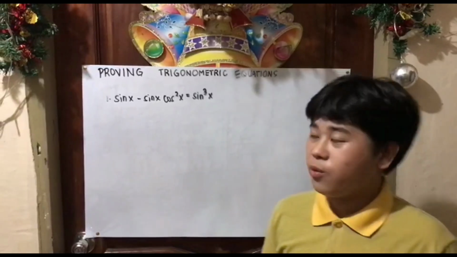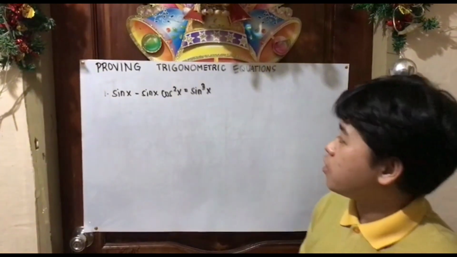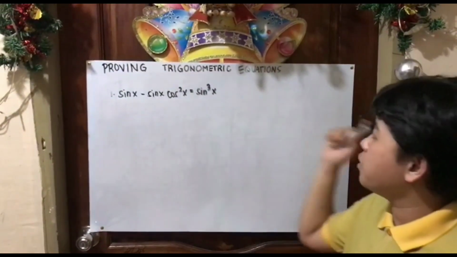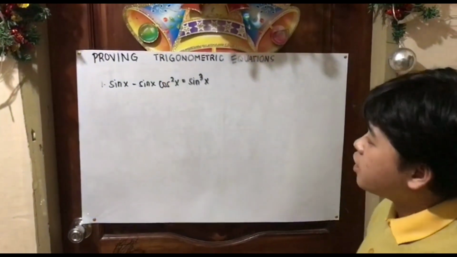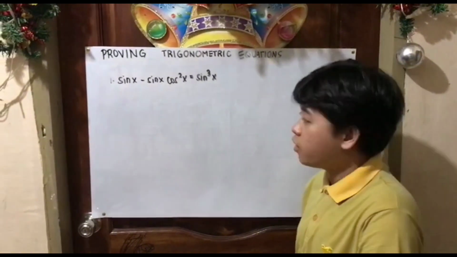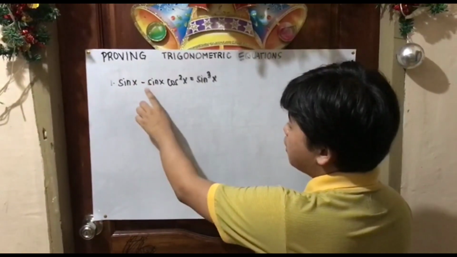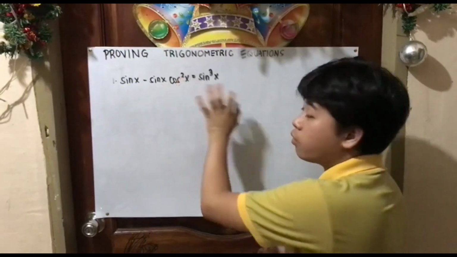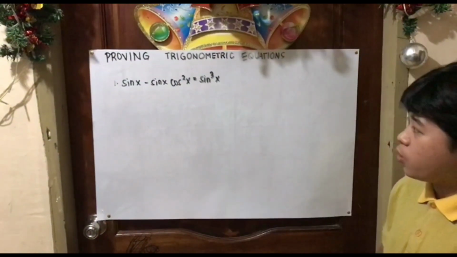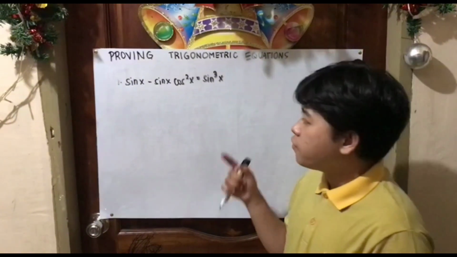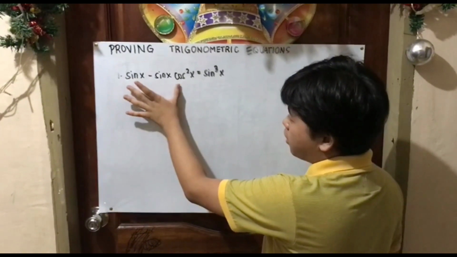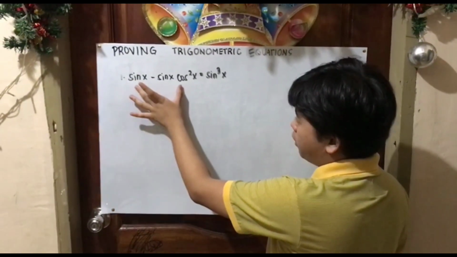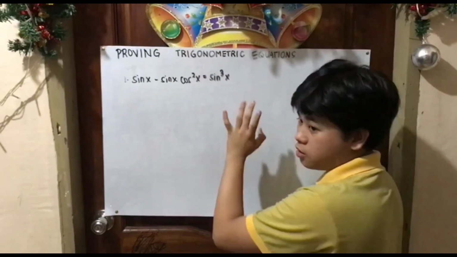So now we are in the next topic, which is proving trigonometric equations. I have here an example. We need to prove that sine x minus sine x times cosine squared x is equal to sine cubed x. In order for us to prove that, we need to work on one side to make it the same as the other side.